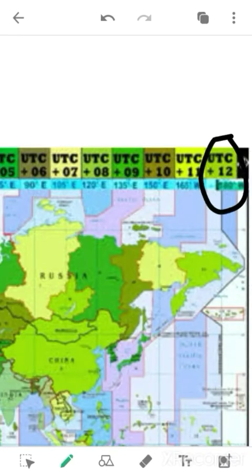This meridian is considered the International Date Line. It would be 12 midnight. If it is 12 noon at the Greenwich meridian, then it would be 12 midnight at the International Date Line, or at the 180 degree meridian.